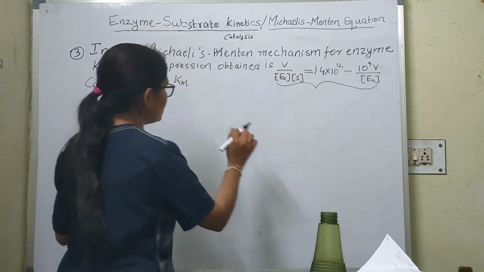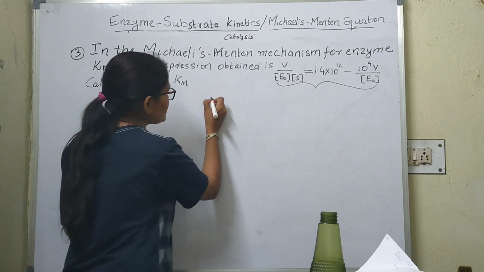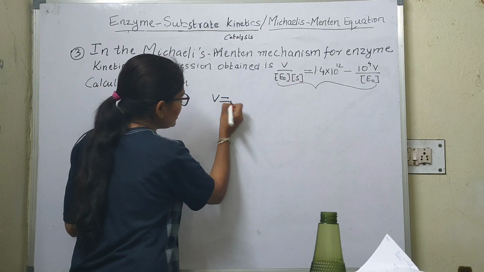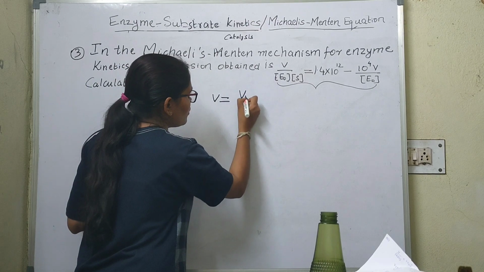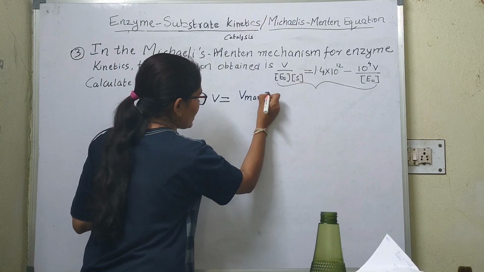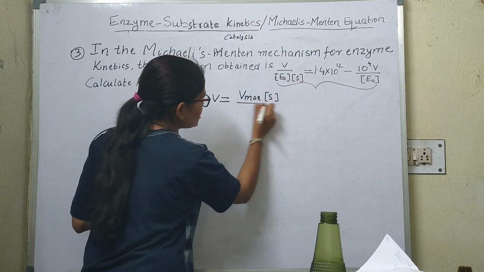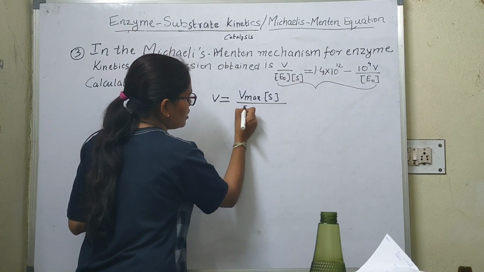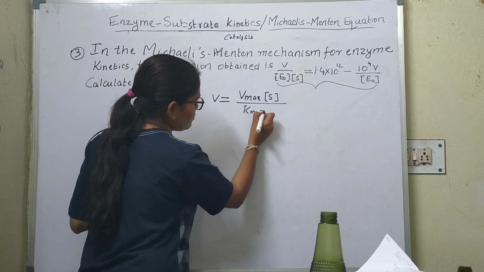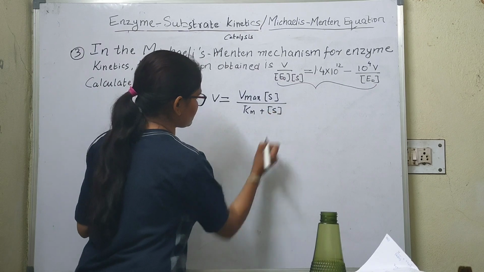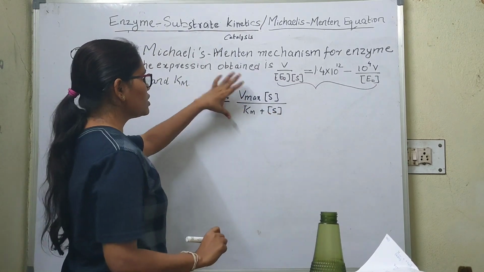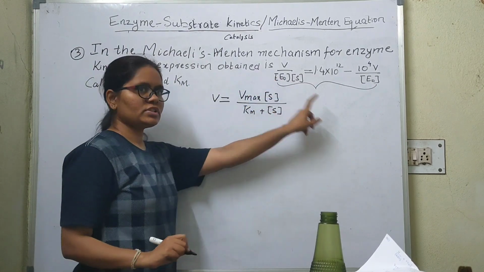We know the rate equation for this enzyme substrate kinetics, that is V is equal to Vmax into S over Km plus S. So you have to convert this equation into this form.